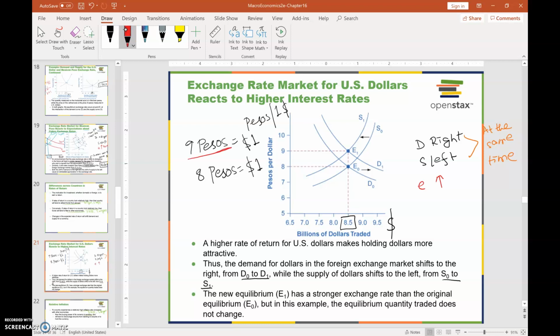Because we can buy more foreign currency compared to before, we can say the dollar has appreciated in value, but the quantity traded in the market has not changed.